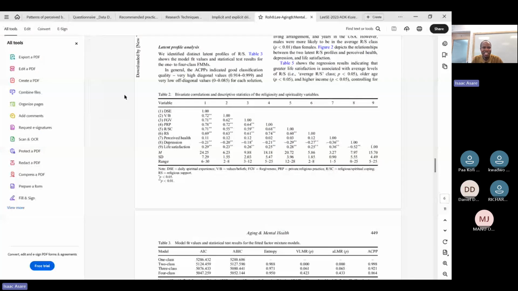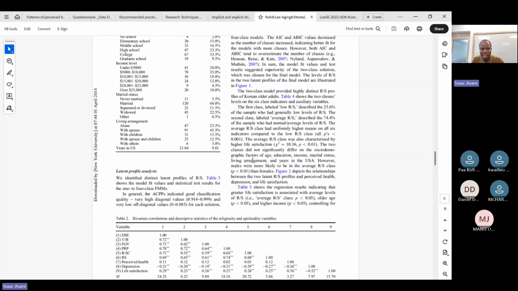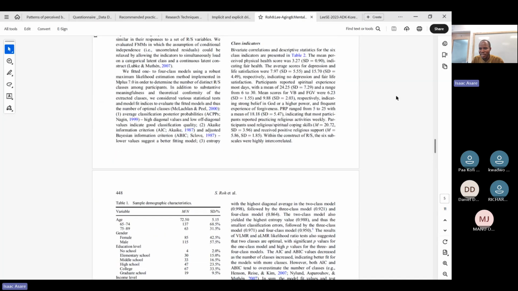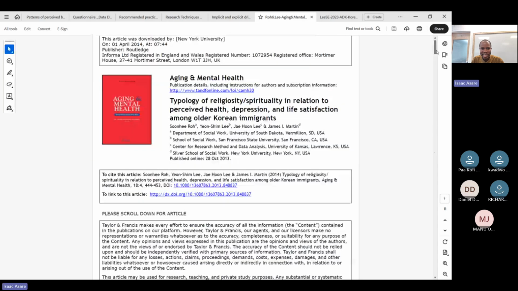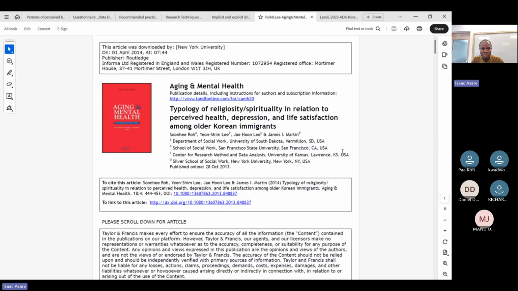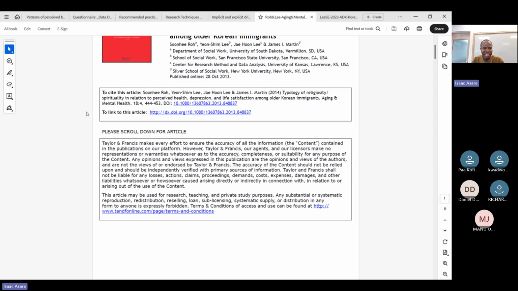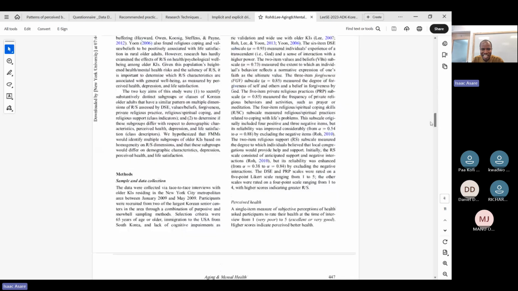Okay, so I think this paper, for example, the title is Typology of religiosity or spirituality in relation to perceived health, depression, and life satisfaction among older Korean immigrants. And they did the latent class analysis.